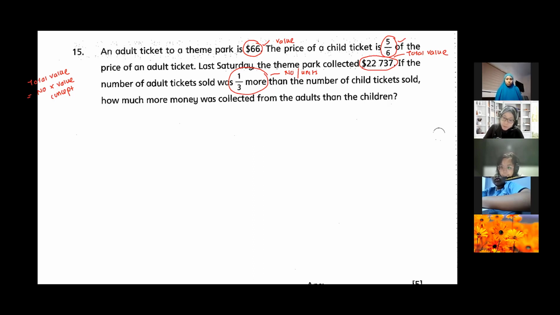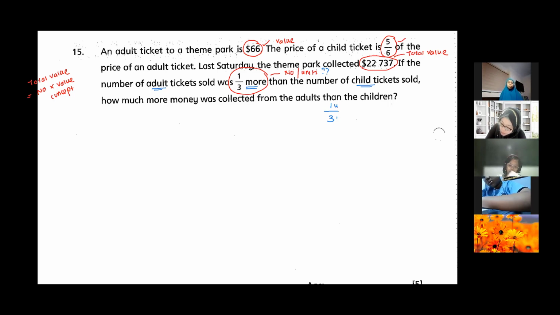Before I can continue, I need to find out the units first. From this fraction, I can tell that there is 1 over 3 more. The number of adult tickets sold was 1 over 3 more than the number of child tickets sold. So I cannot assume that 1 is adult, 3 is children. Instead, what I must do is rewrite the fraction.